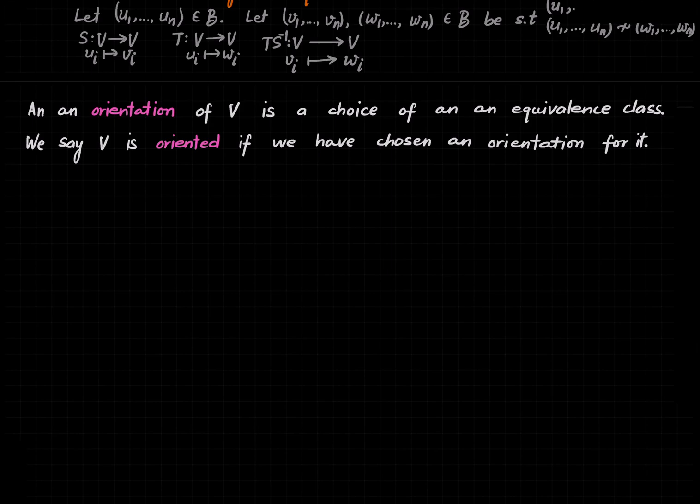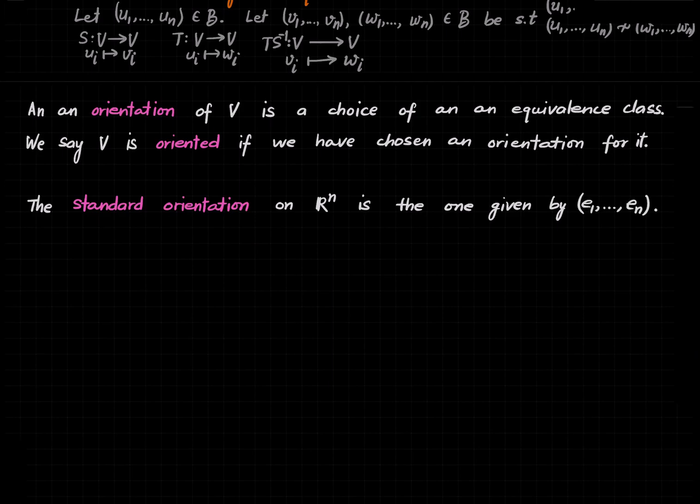So the standard orientation on Rn is the one given by the standard basis, right? This basis has its equivalence class. That equivalence class is the standard orientation on Rn.